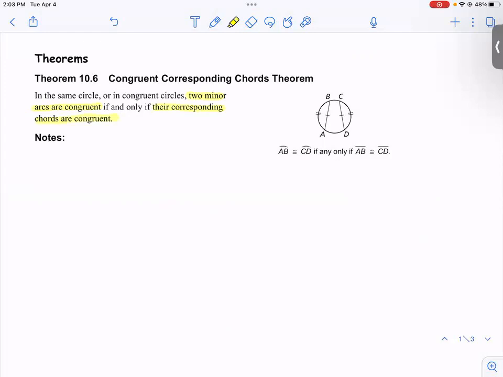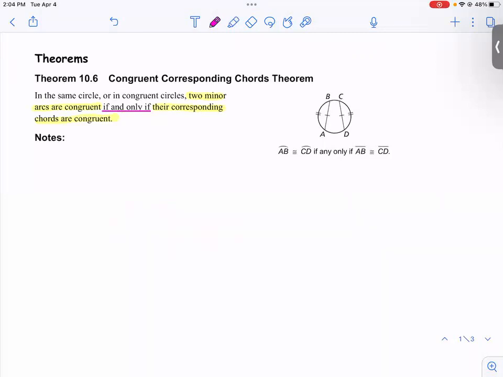So if and only if means this sentence can be read either way. If two minor arcs are congruent, then the chords are congruent. Or if we have two congruent chords, then their minor arcs are congruent.